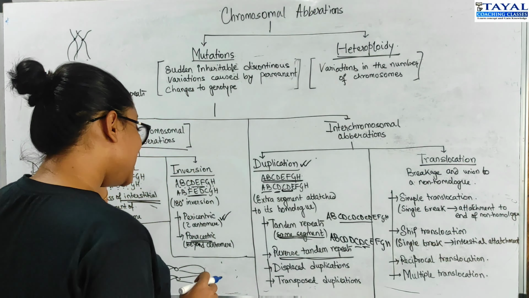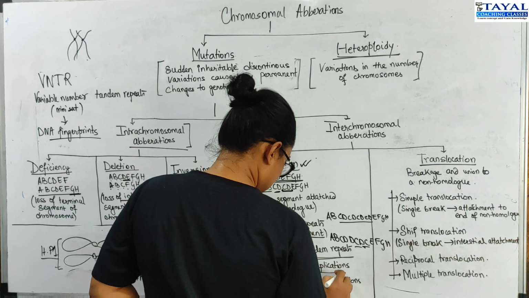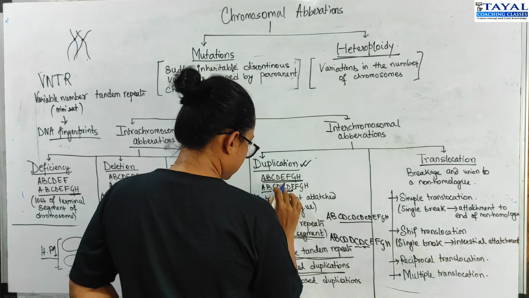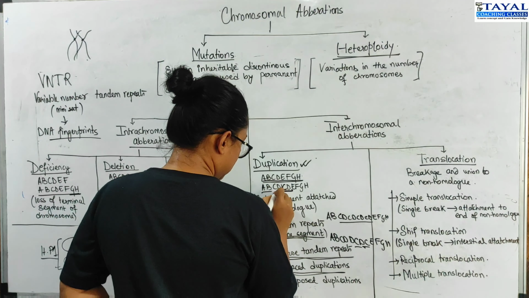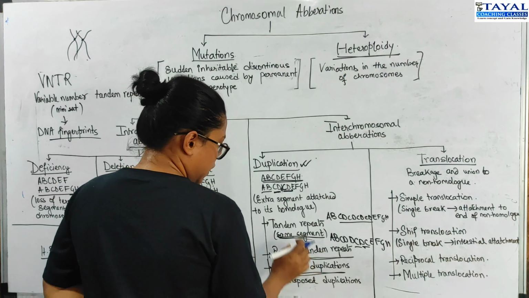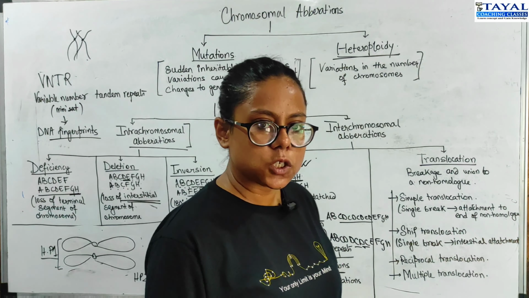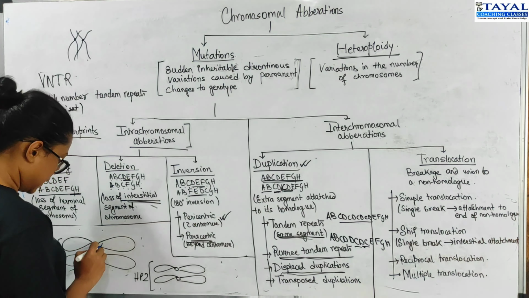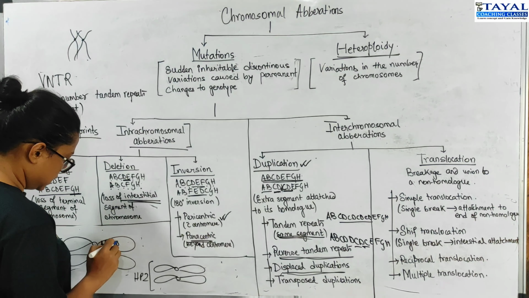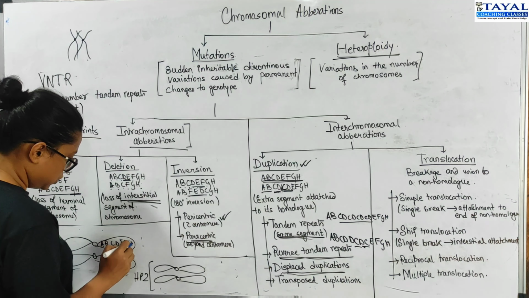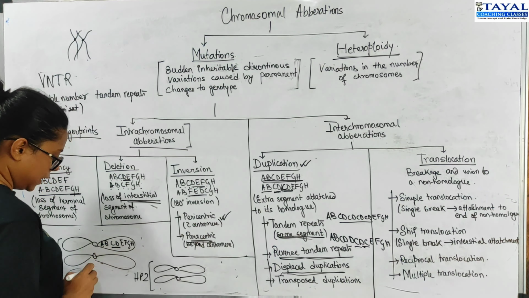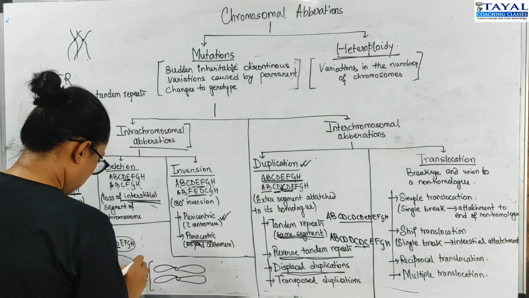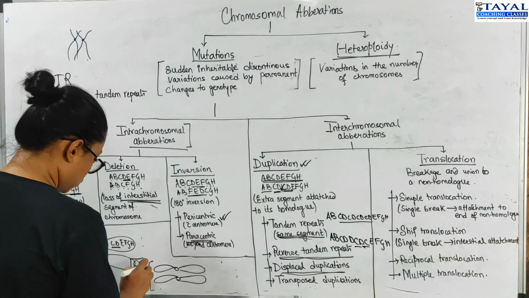A displaced duplication is basically when, let's say, the CD segment repeats itself. There is a duplicated form, but here, let's say it was like this: A, B, C, D, E, F, G, H. Now, the CD duplicates itself, but it goes and attaches itself to the end of the homologous chromosome.